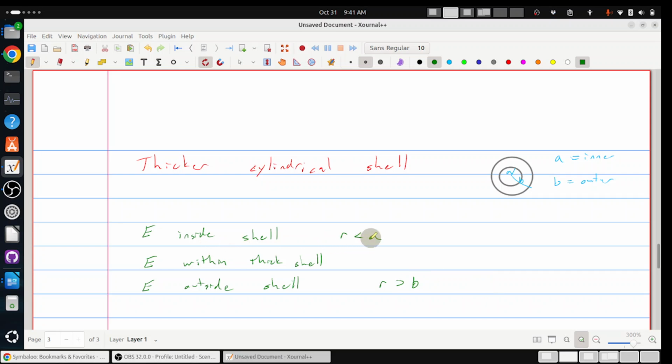If my r is less than A, I'm completely inside. And then comes the case of what if my r is in between those two regions. And again, the inside one is the easiest because here we've got no charge enclosed.